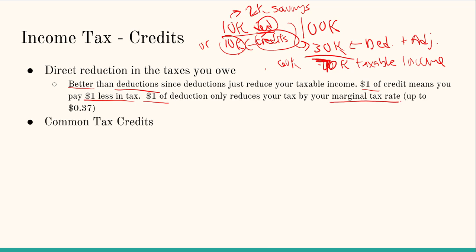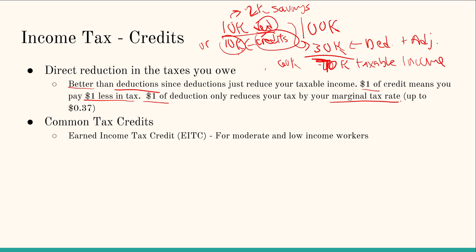Okay, so what are ways to get tax credits? Because clearly they're far more valuable than deductions. So the earned income tax credit, this is for moderate and low income workers, and it is just calculated through a formula, and it is basically a direct subsidy to low and moderate income workers.